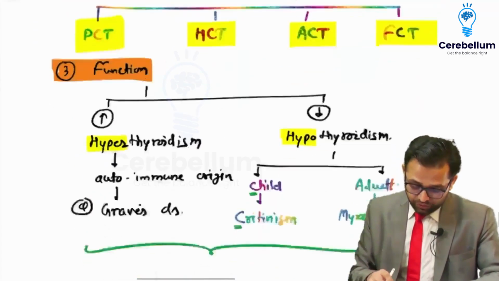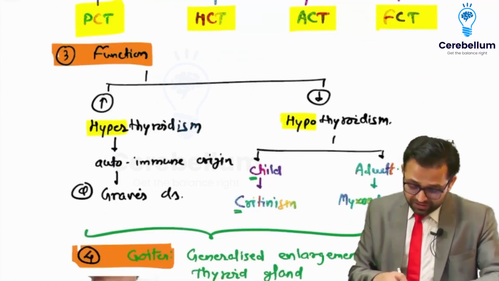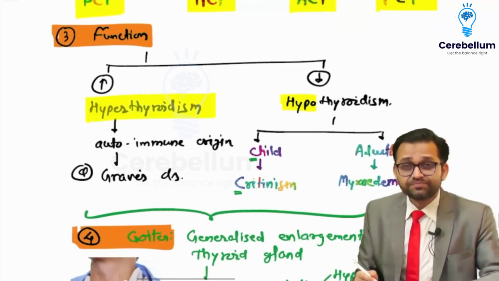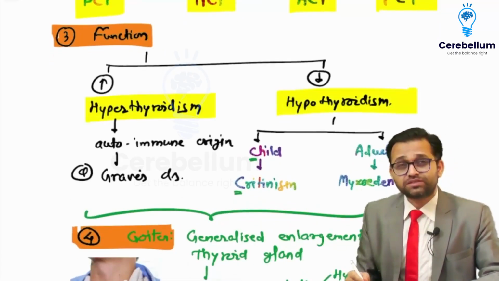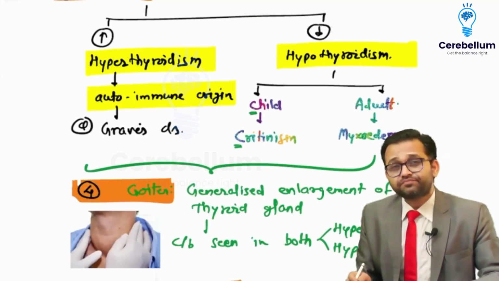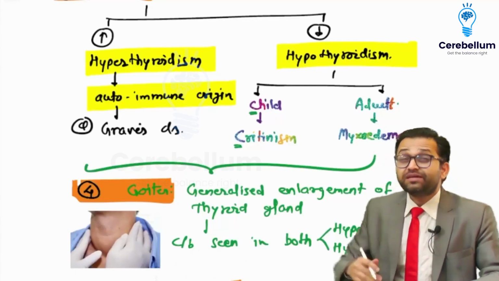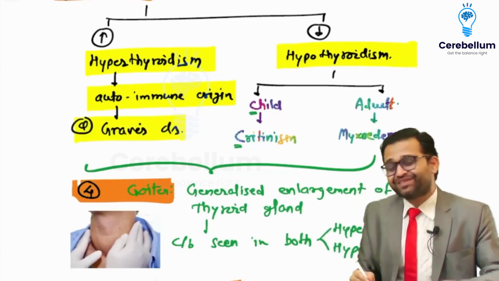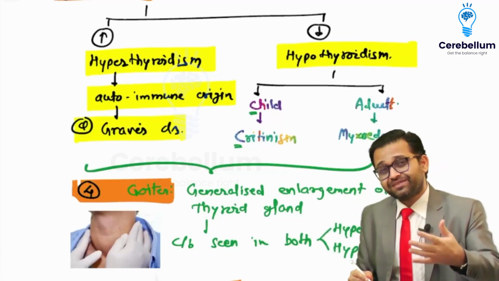Now look at function. When we talk about function, there are two types: hyperthyroidism and hypothyroidism. Hyperthyroidism has an autoimmune origin, leading to hyperactivity of the thyroid gland. That is Graves disease. Read all these things in physiology and medicine.